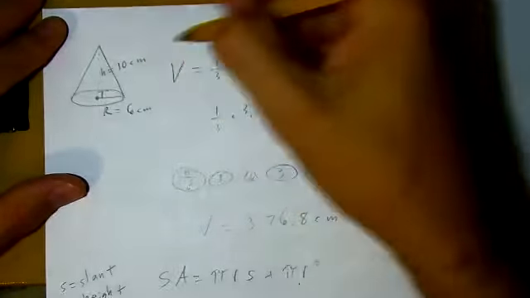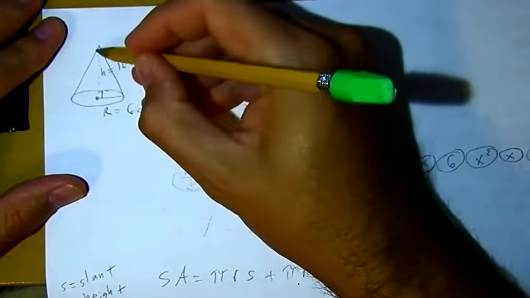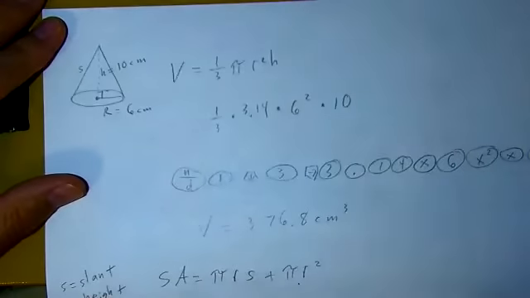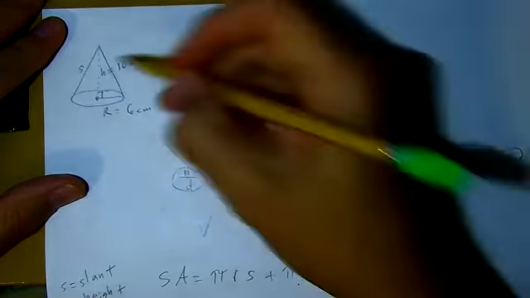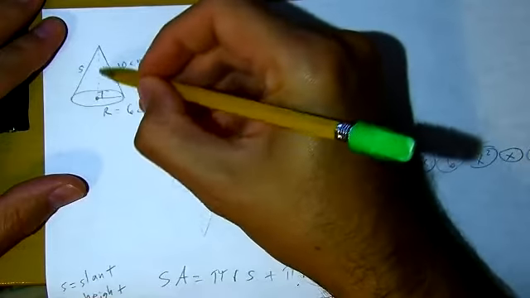So let's go up here to our cone. So I said for volume, you're going to need H, which starts at the center of the circle and goes up to the point. S is this line over here, and that's not a 5, that's an S. That means that it's the height on a slant. So it's not the actual height, which is this.